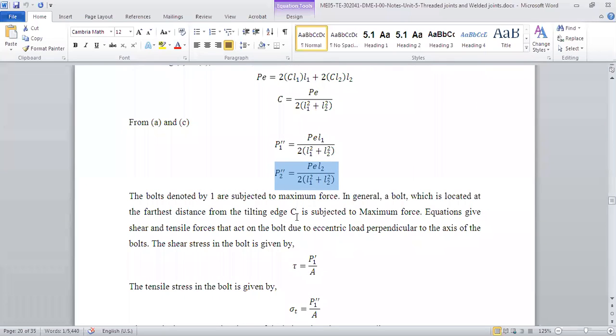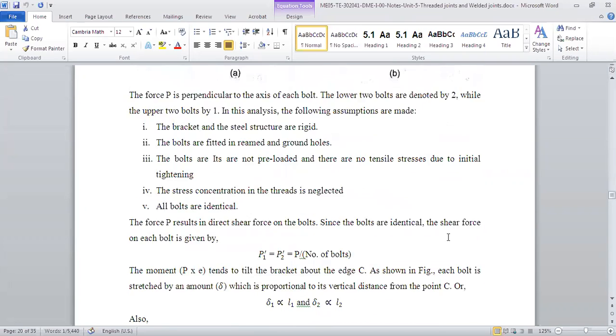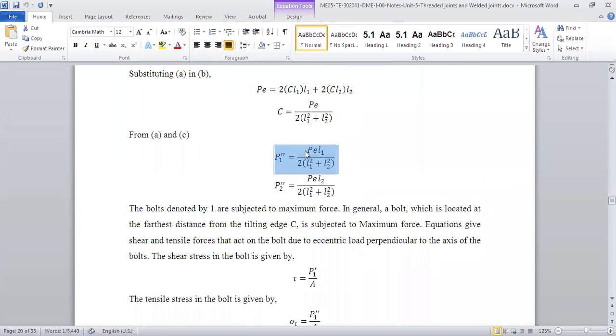So now we have, in bolt 1, a tensile load as well as shear. Shear is the same in all 4 bolts, but the tensile load is different in different bolts. P is constant, that is the applied load, E is eccentricity, that is constant, and L1 and L2, the distance of each bolt, are constant. The only variable is L1 in this case and L2 in that case.